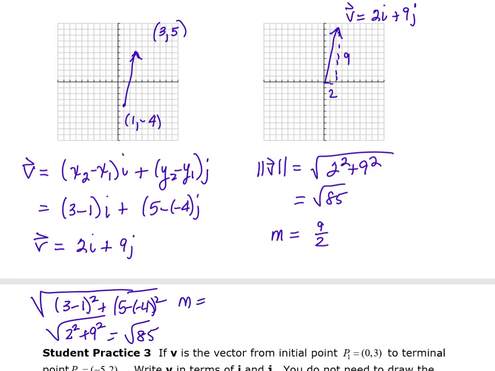The slope would be your change in y. So 5 minus a negative 4 is 5 plus 4, over 3 minus 1, which would be 9/2. So we've confirmed that this new position vector is equal to the original displacement vector.